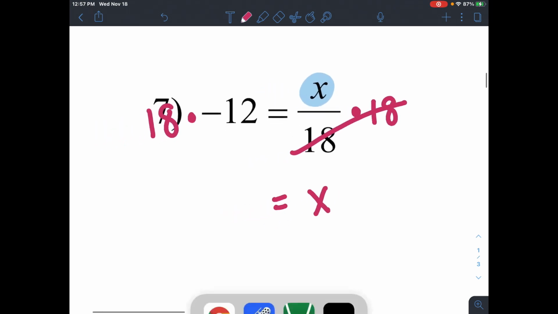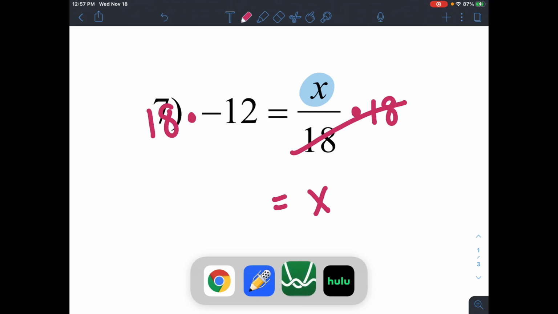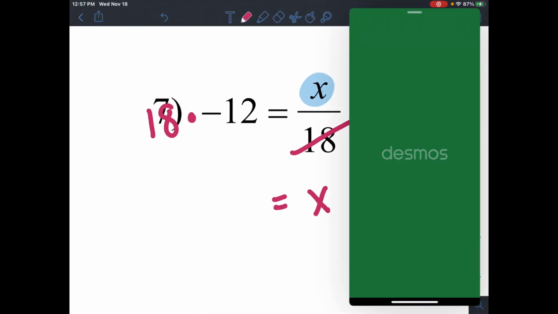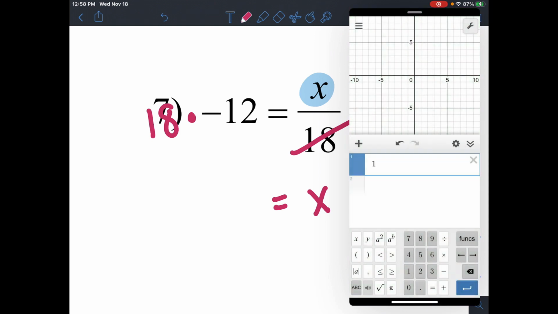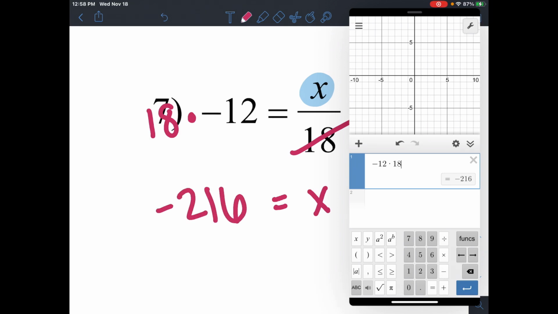I don't know what that is, so if you have Desmos downloaded, you can pull that up to the side as your calculator. Negative 12 times 18 equals negative 216.